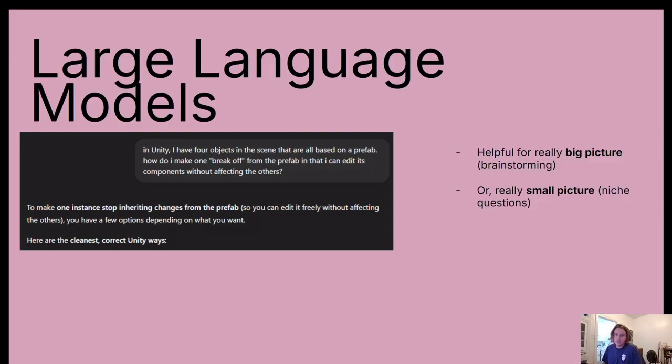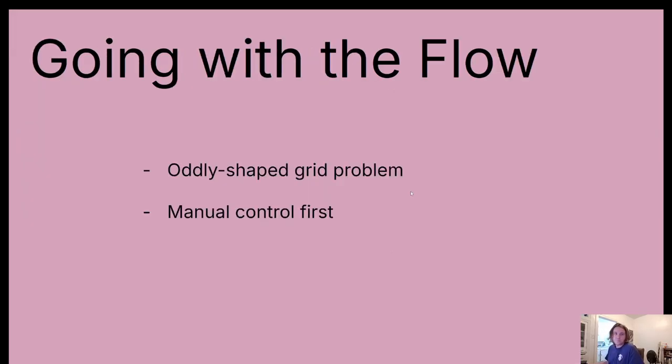They're pretty good for big picture brainstorming and just throwing ideas out there, and then really small picture, like how do I do this in Unity? Kind of like documentation, but for a really weird question that you can't just type into a documentation search bar. So really good for those two things.